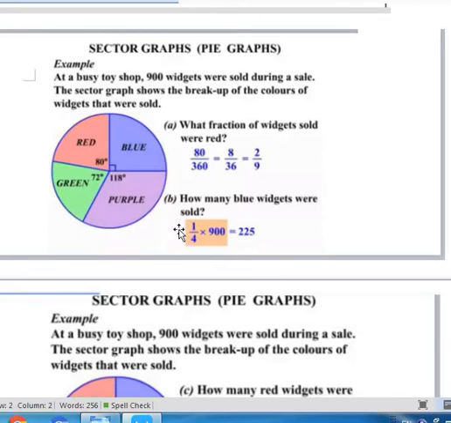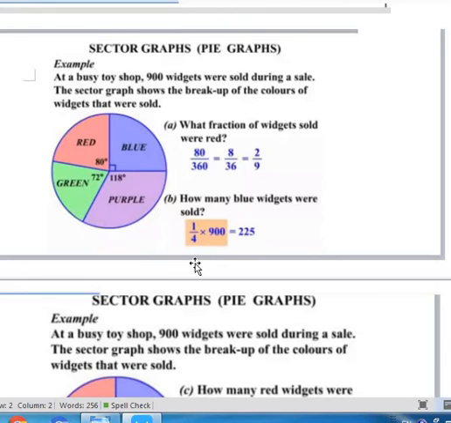Focus with me. Again, I can say instead of quarter, what, Rowan? I can say 90 degrees over 360. And when I simplify 90 degrees over 360, Rowan, it will be a quarter. If you simplify 90 over 360, it will give you what, habibti?